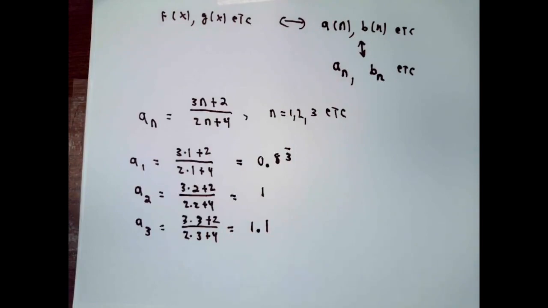As an example of this kind of thing, think about a sub n equals 3n plus 2 over 2n plus 4, where n can be positive whole numbers from 1 on up. If I put n equal 1, 2, or 3 into this formula, I can figure out the corresponding function value, a1, a2, a3, and so on and so forth.